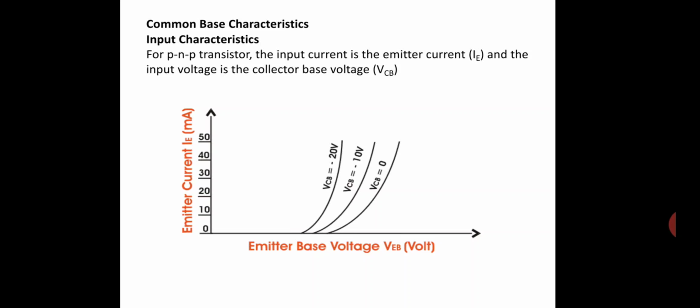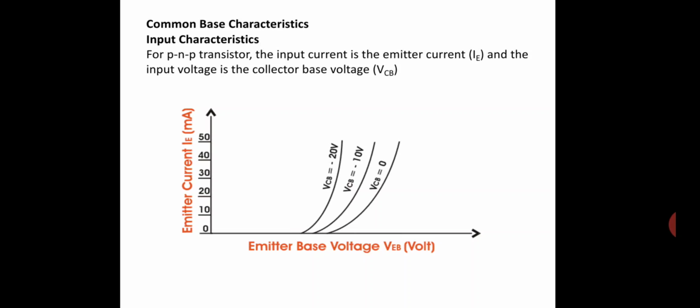At first, common base characteristics. In this configuration, base is common. Input is connected between emitter and base, and output is connected between base and collector. Input circuit is forward biased and output circuit is reverse biased.